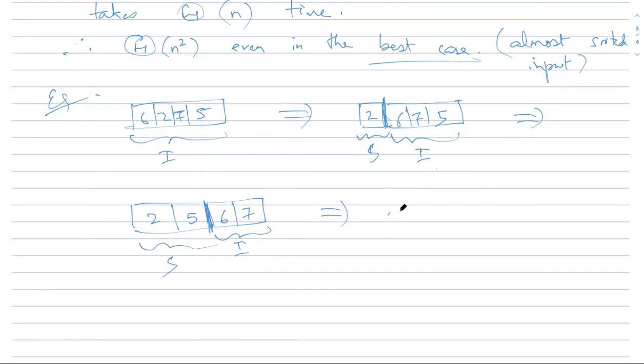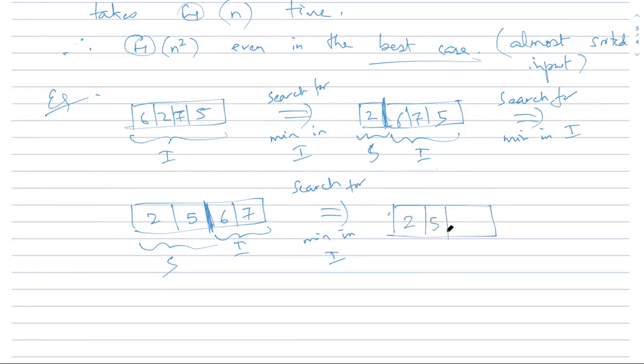And then again from 6 and 7, you pick. So at every step, we search for min in I. Search for min in I. And again, search for min in I. And you append. So here between 6 and 7, 6 is the smallest.